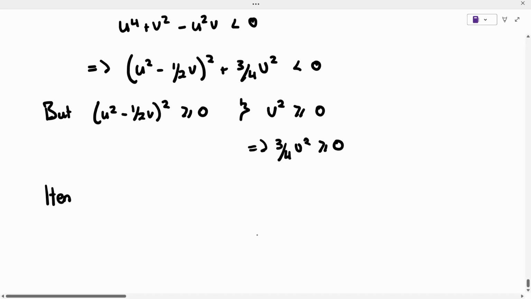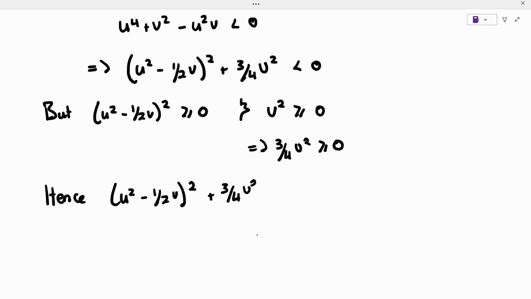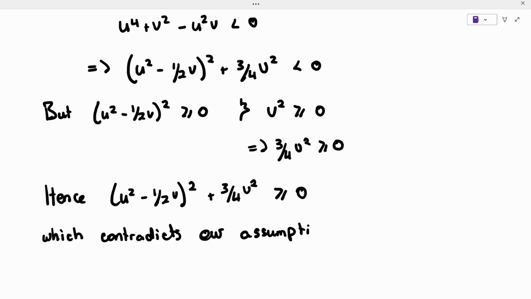Hence, (u^2 minus a half v) squared plus 3/4 v^2 is greater than or equal to 0, which contradicts our assumption that u^4 plus v^2 is less than u^2 v.